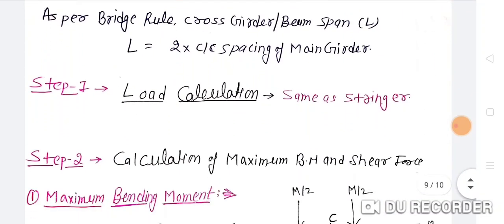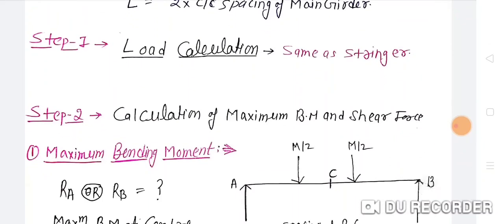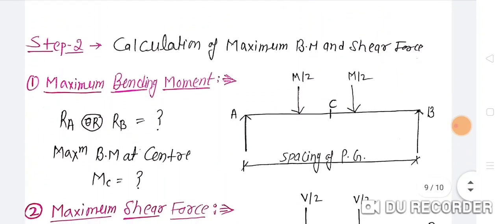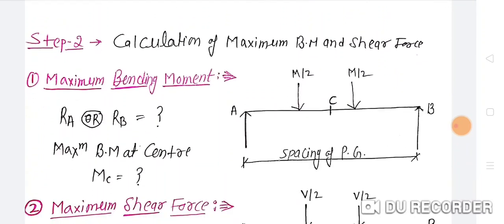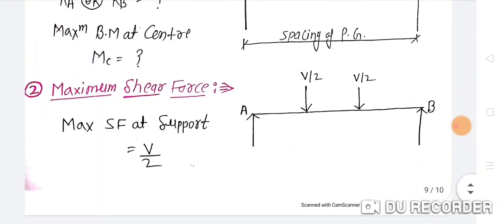In step first, load calculation for cross beams and stringers is the same, so we follow the same as for stringers. Step second, load calculation for bending moment and shear force. First, maximum bending moment. Here we take M by 2 and the spacing of the plate girders. Then we calculate RA or RB, whichever is preferred. Now we calculate the maximum bending moment at the center by taking any part.